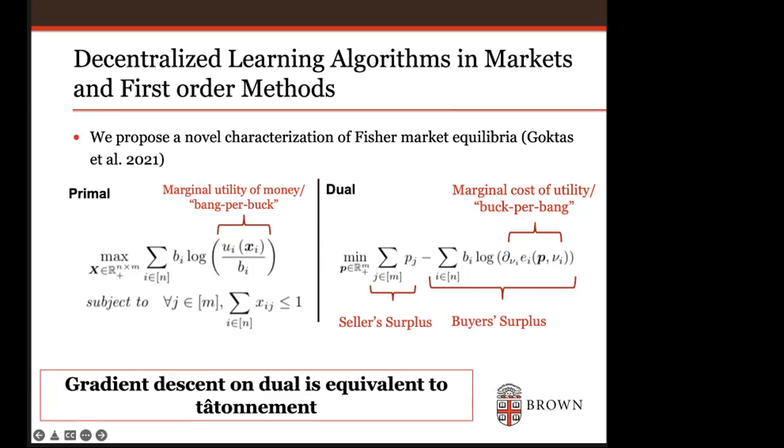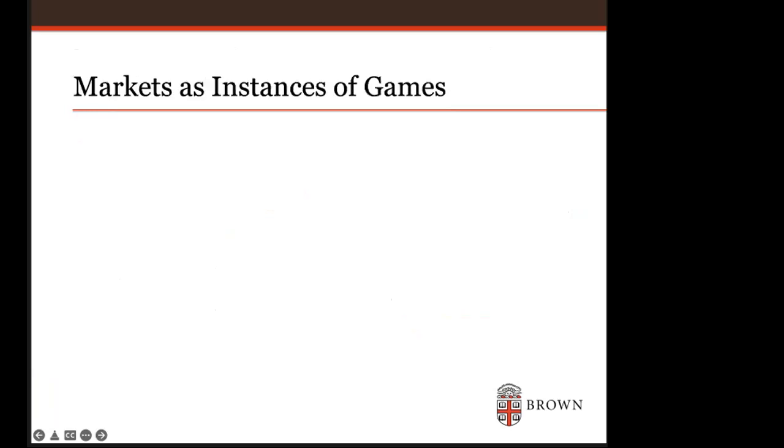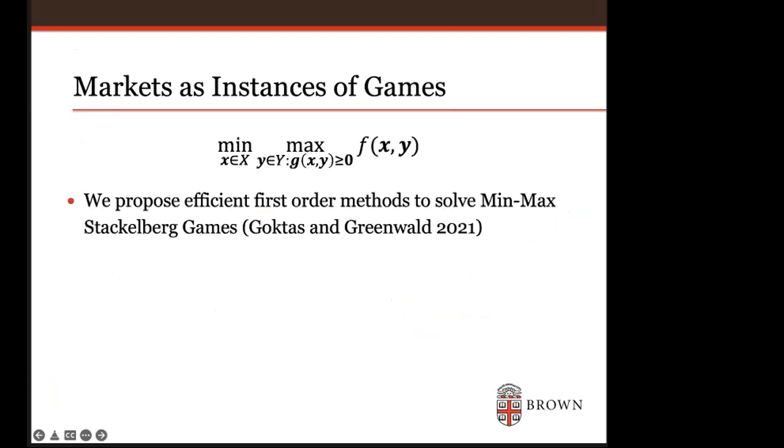Using this new insight that we obtain on how we can use first-order methods to prove the convergence of decentralized learning algorithms, we've embarked on a new paper, and this paper has appeared in NeurIPS 2021. And in this paper, what we've shown is that a large class of markets can be seen as a class of min-max optimizations.